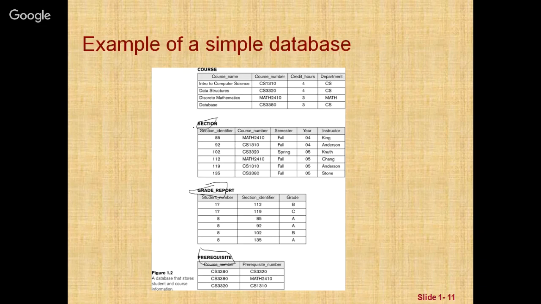The section file stores data on each section of the course, to which section it is being offered. The grade report file stores grades that students receive in various sections they have completed. And the prerequisite file stores the prerequisites of each course.